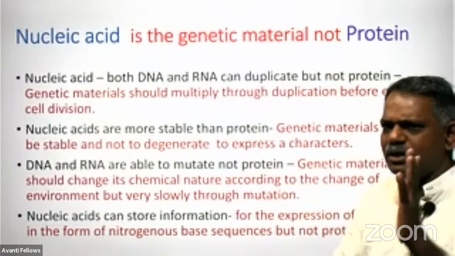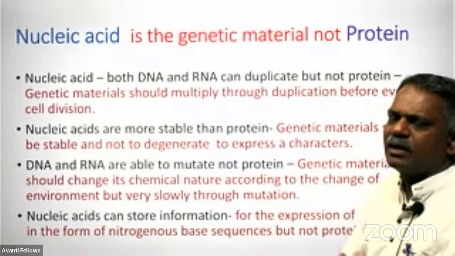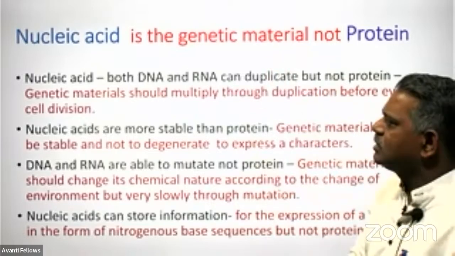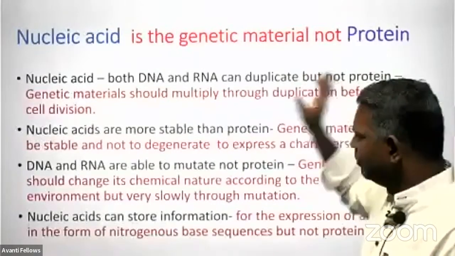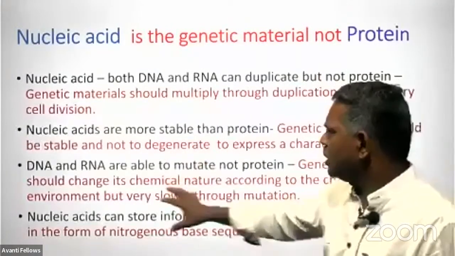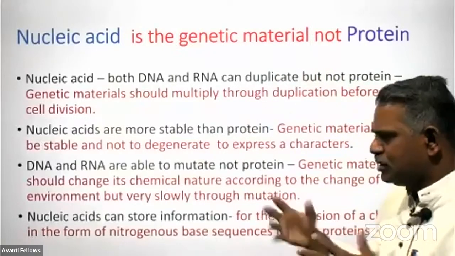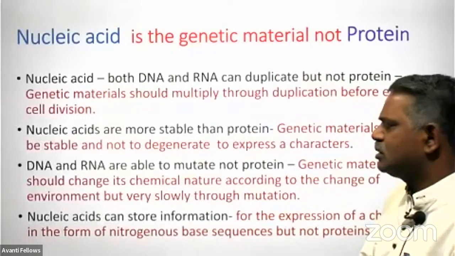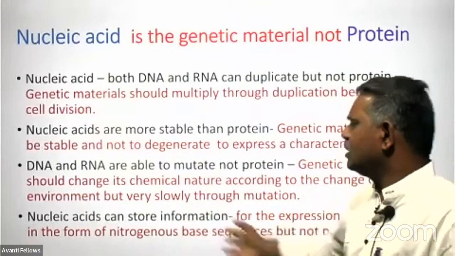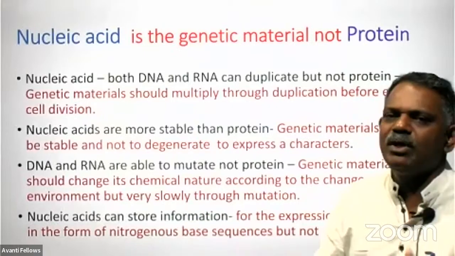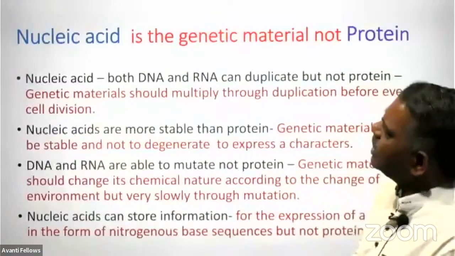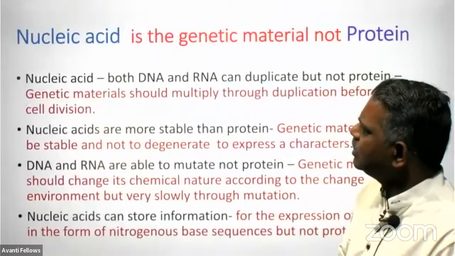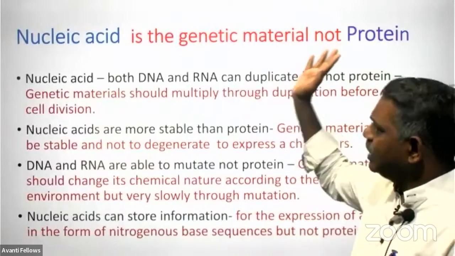There are 4 points mentioned here, and these characters should be there in a nucleic acid. Nucleic acid should duplicate. Nucleic acid should be very stable, and nucleic acid should change its chemical nature very gradually, and nucleic acid should store the information regarding the expression of a character. This can be satisfied only with nucleic acid.